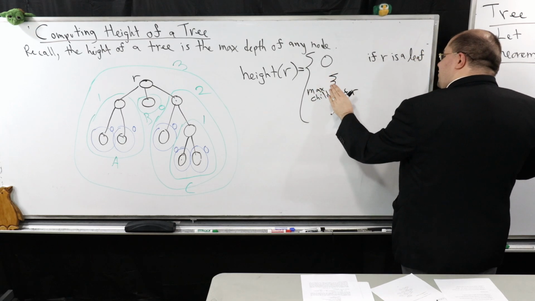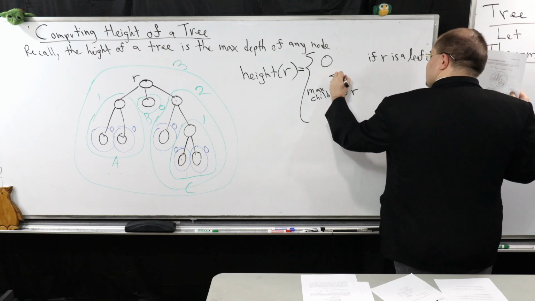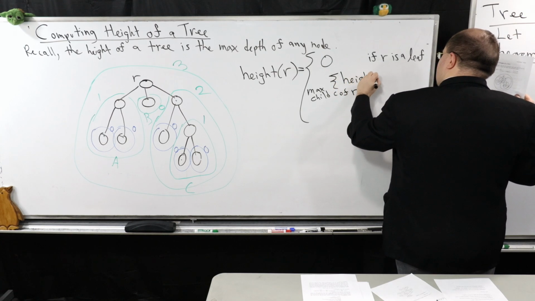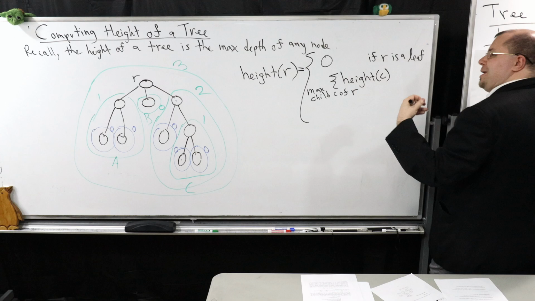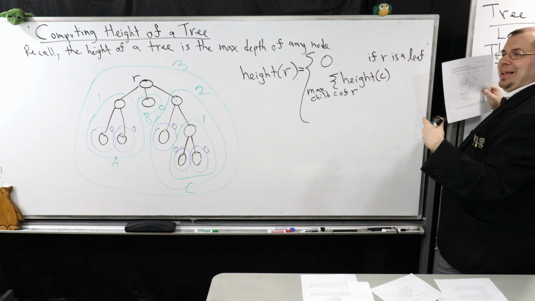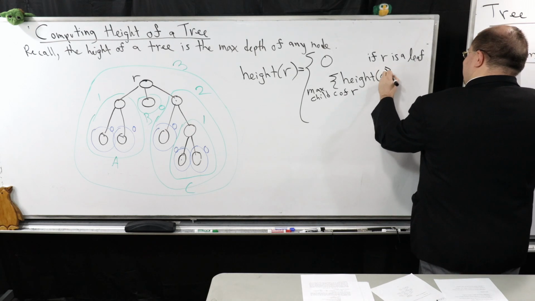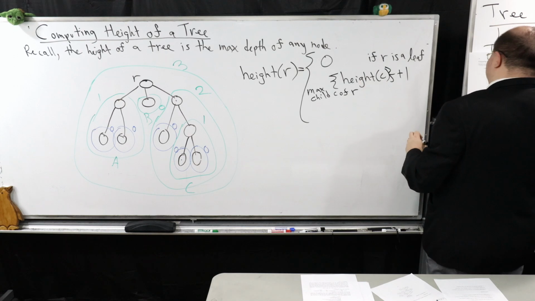So I'm going to use a max function, but I'm going to do it over each one of the children. You're going to see how this looks when I write out the pseudocode. At this stage, it looks quite like a really good mayonnaise and mustard sandwich, okay? But I assure you, it's very easy to think about.